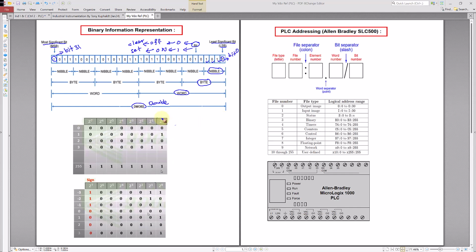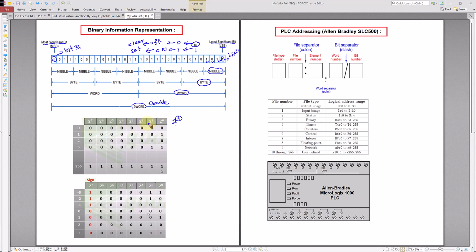For this 8-bit system, the value of each bit is 2 to the power n, where n stands for the bit number. For example, the first bit is 2 power 0, followed by 2 power 1, 2 power 2, 2 power 3, 2 power 4, 2 power 5, 2 power 6, and then 2 power 7.